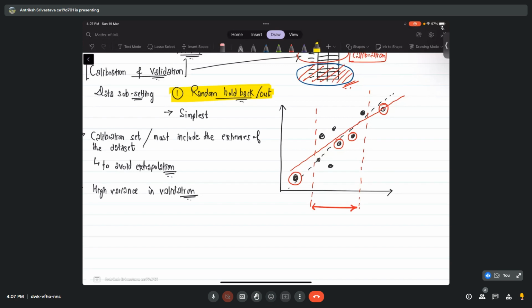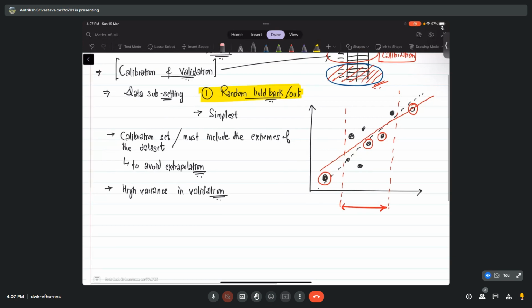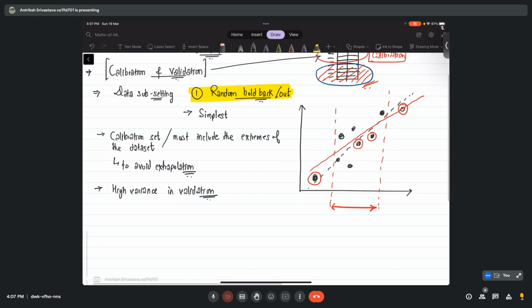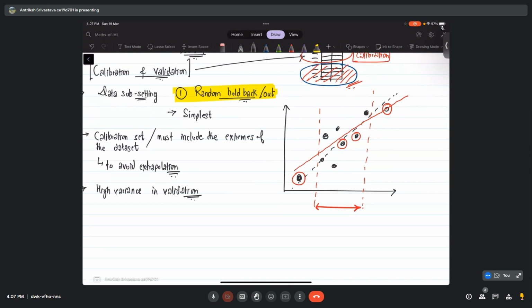Based on how the random points were chosen, you can have different lines fitted here. For these points that I have chosen, we actually wanted this black fit as the desired line, but since we have these red points in our calibration data set, we'll end up with something like this.